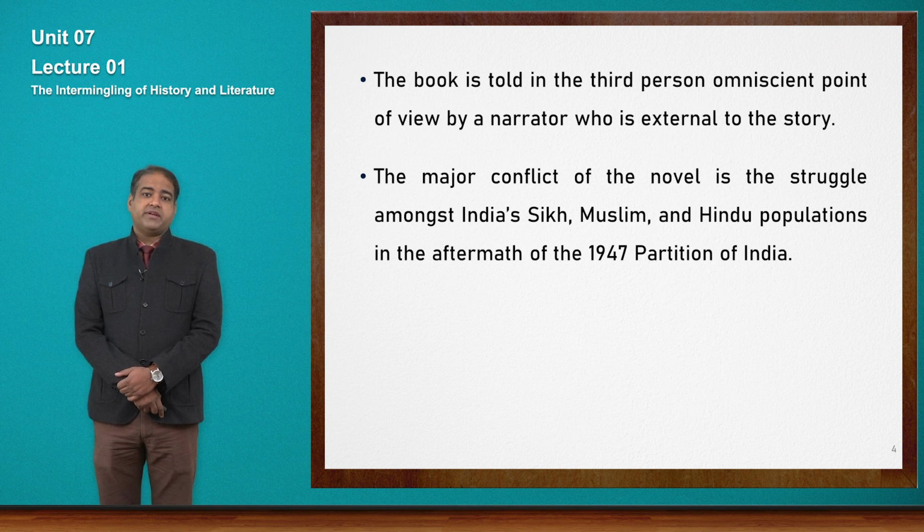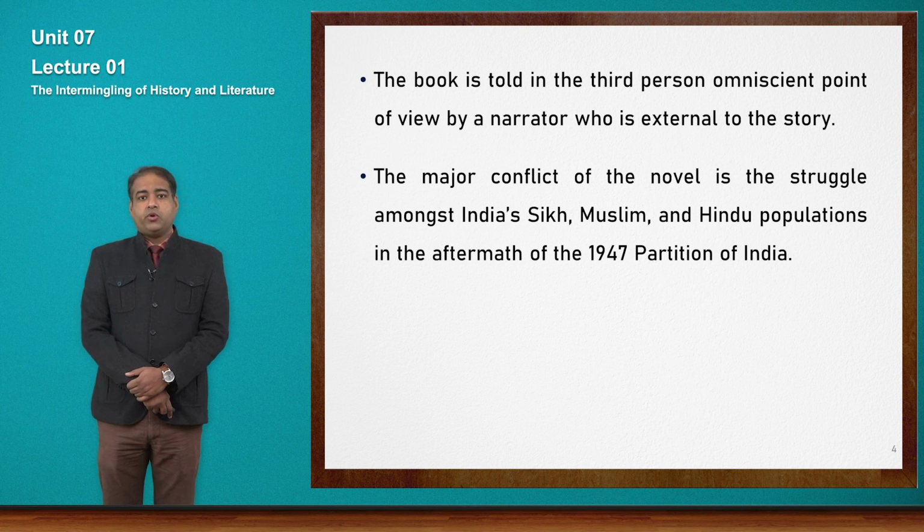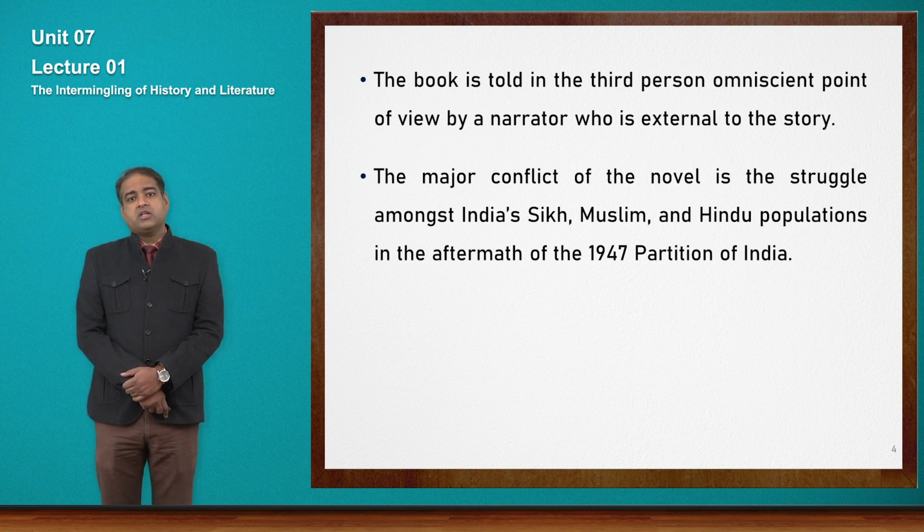Although practically it is not possible that one narrator is able to look at all the incidents at a time, we have to assume that this omniscient narrator of Train to Pakistan is present while all the incidents take place in this novel.